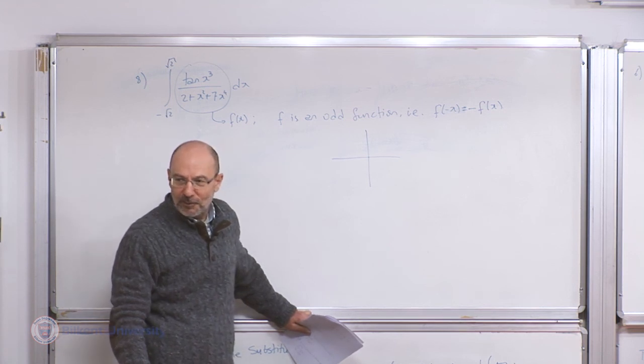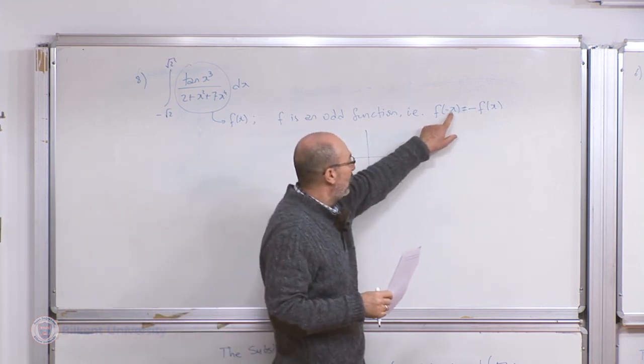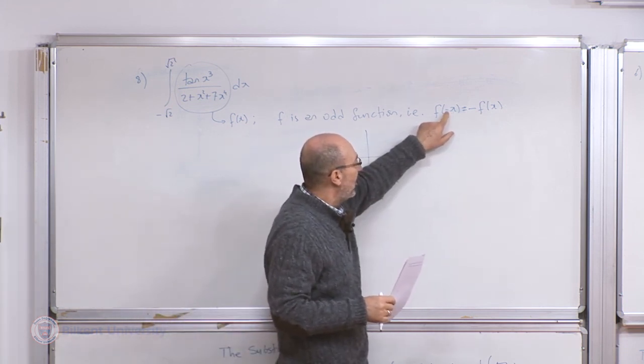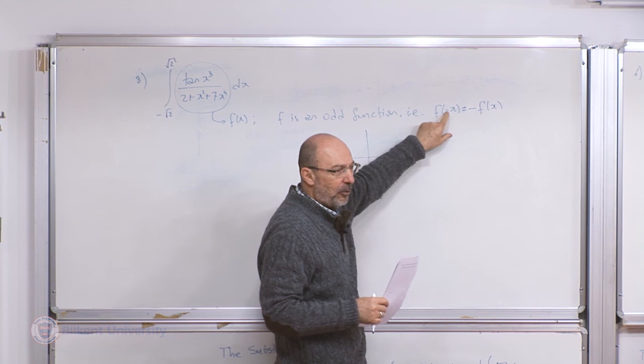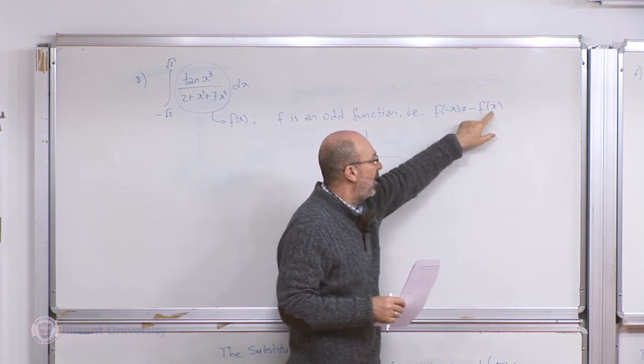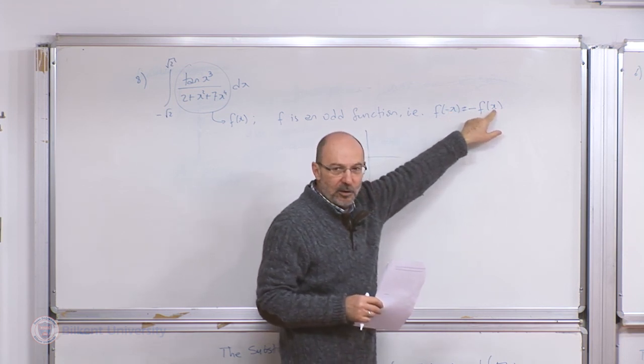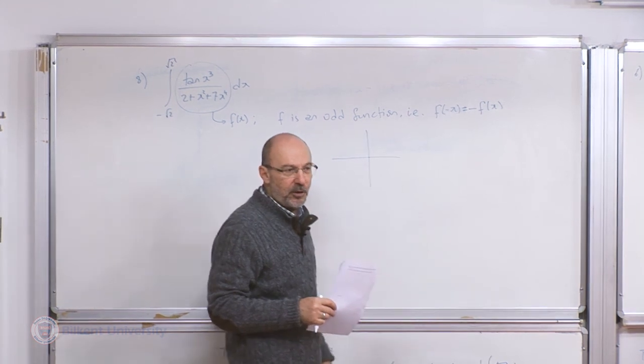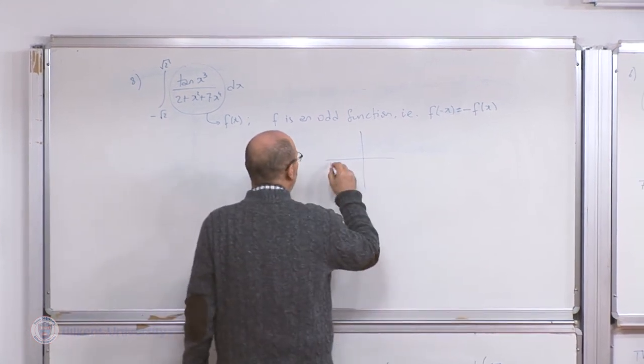Because if I put 0 here, whether I put a minus in front of it or not doesn't matter. The value of the function at 0 is equal to minus 1 times the value at 0, so the only value should be 0. So the function passes through the origin.